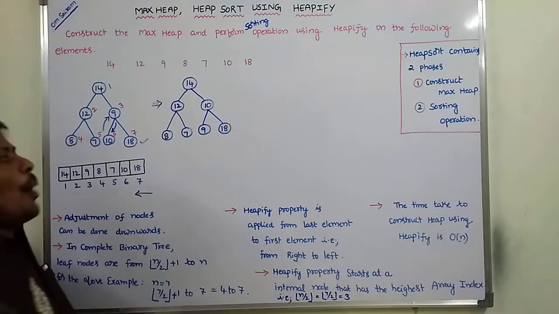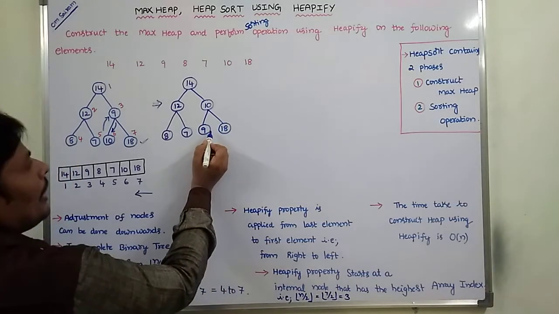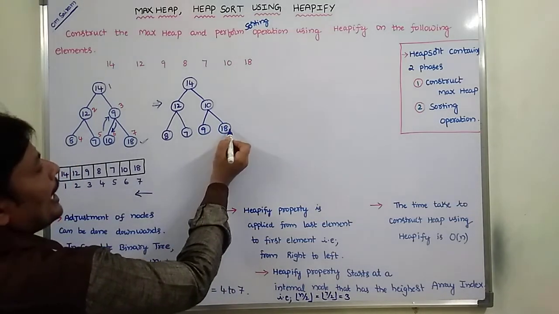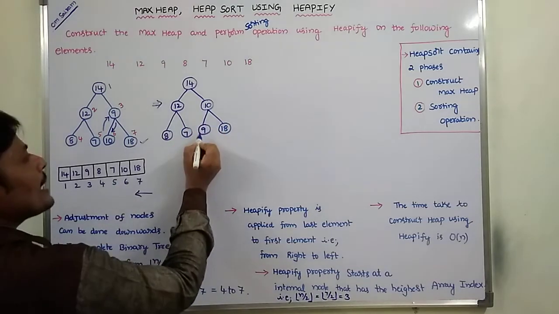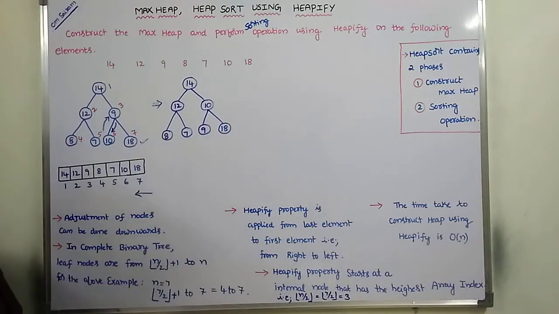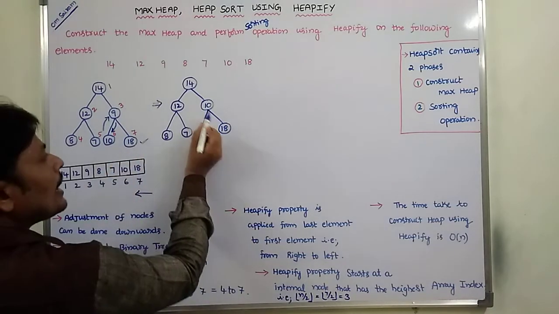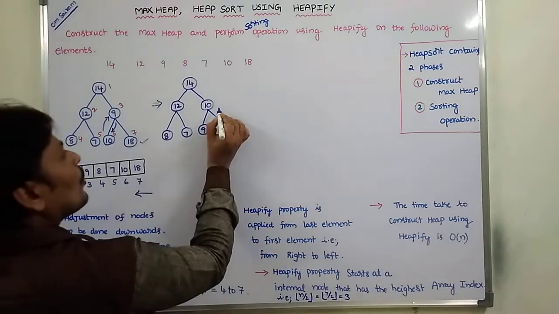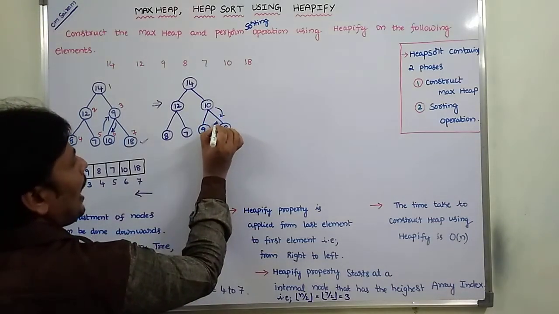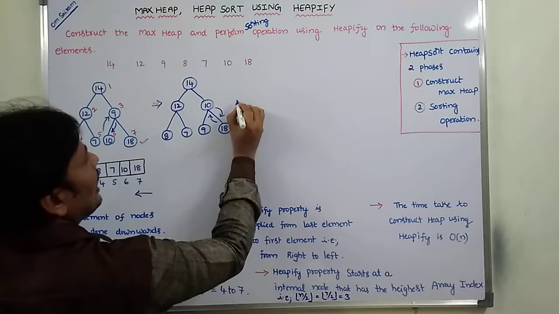Now 9 and 18 have the parent 10. Is 10 greater than 9? Yes, it is true. It satisfies the maximum heap property. Is 10 greater than 18? It is false. So we have to perform swappings between these elements.